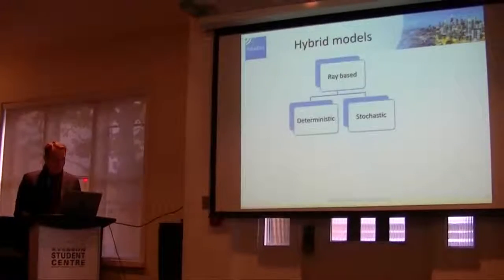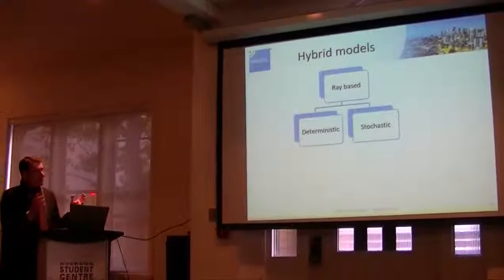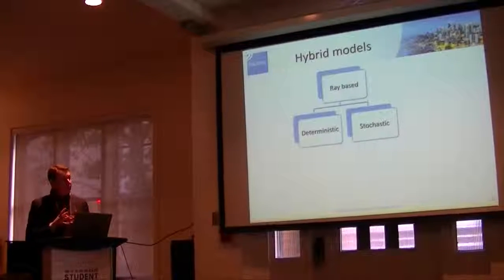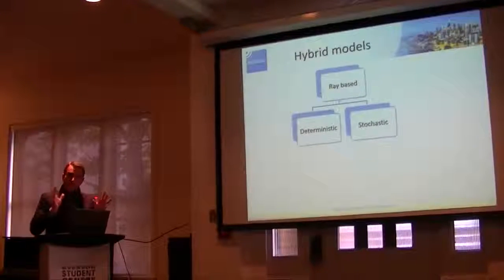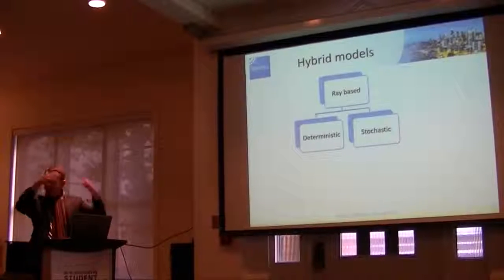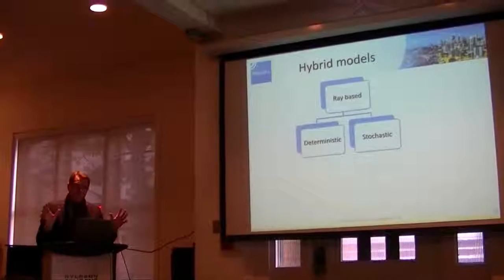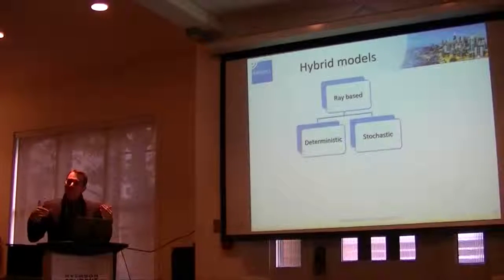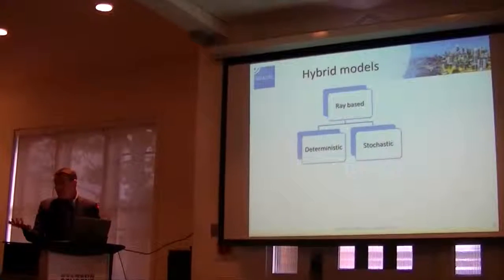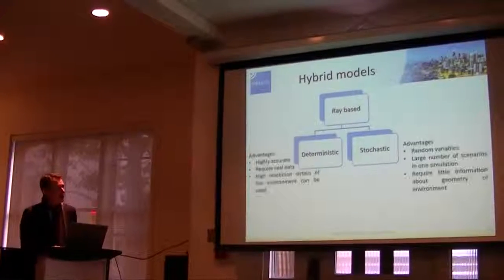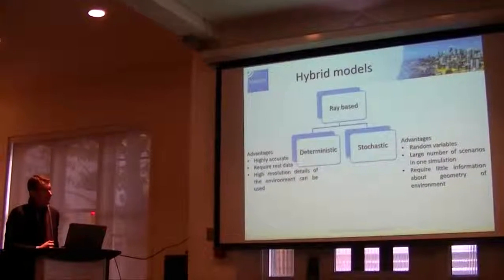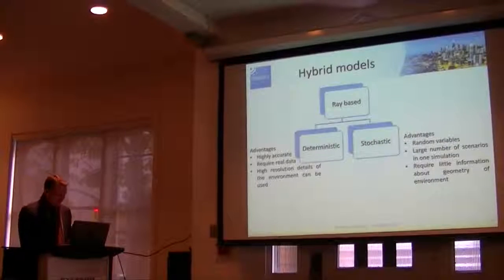For that, the idea is to reach a level where, starting from the ray-based approach, we act with very deterministic features of the scene, so really the building blocks, the vegetation, etc. And slowly, what we're trying to do is also add some stochastic features, to have a kind of hybrid model. The advantage of the deterministic aspect, obviously, is the accuracy.